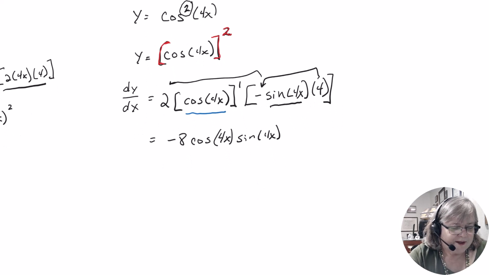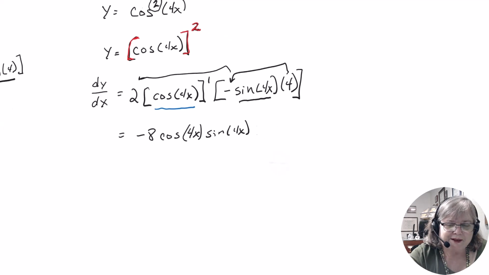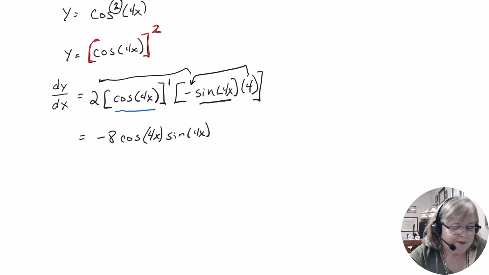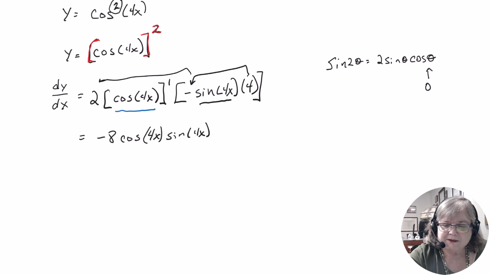And if you look at this and you think, you know what, that cosine 4x, sine 4x, I'm kind of wondering if that might be something like the double angle formula for the sine of 2 theta equals 2 sine theta cosine theta, if theta was actually a 4x.